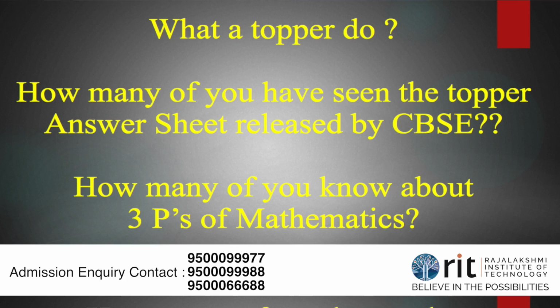Yes, 1. And the third, basically mathematics is made of 3 P's. Have you heard about the 3 P's? No. So first is practice. The second is persistence, and the third is patience.